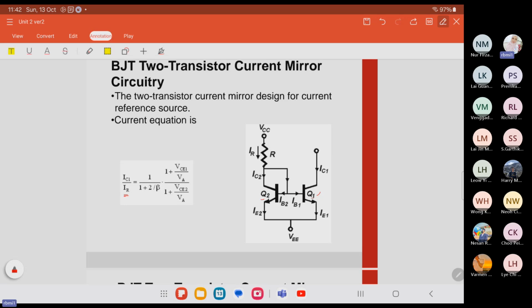For this current mirror circuit using two NPN transistors, these two Q1 and Q2 are NPN. So if these two are similar, VBE1 is equal to VBE2, and also IB2 equals IB1. Same goes for IC2 equals IC1, IE2 equals IE1.